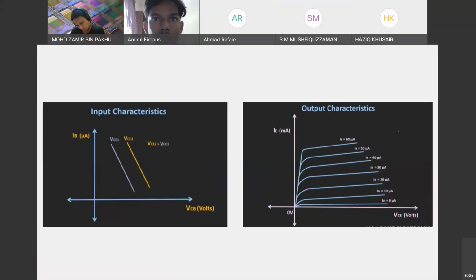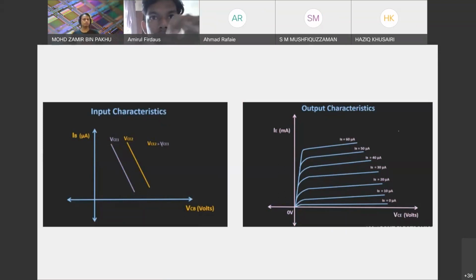The output characteristic is IE versus VCE. If you look at the difference between the IE and VCE curve, it is very similar to the common emitter, which I will talk about later.